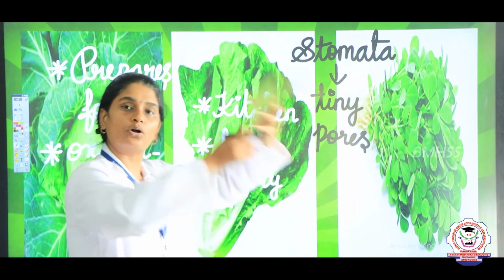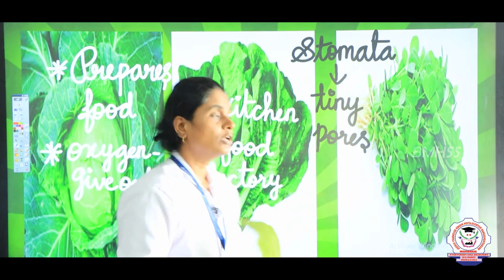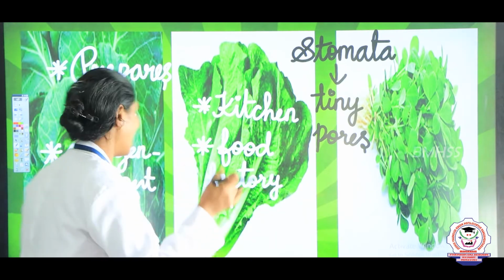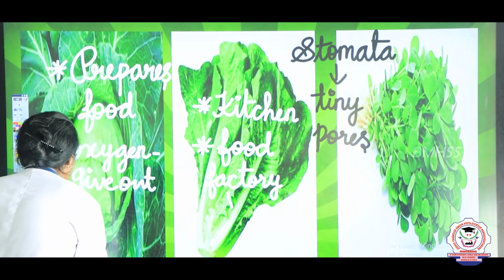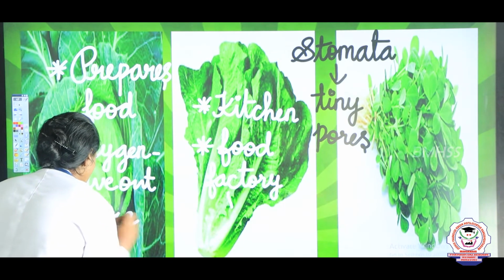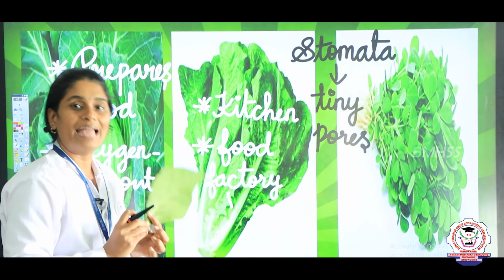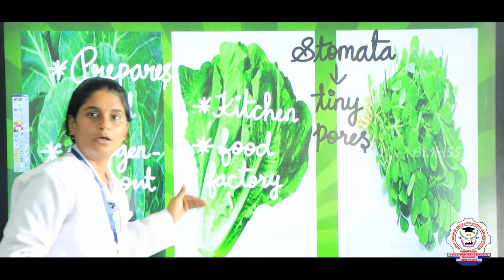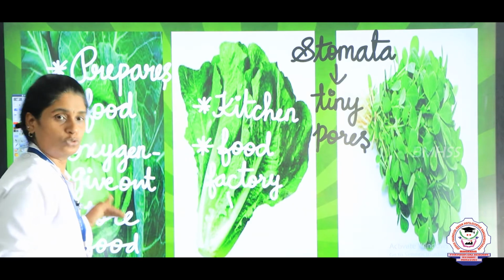They take in the carbon dioxide from the air and give out the oxygen, and some plants also store the food in the leaf. So, these are the functions of the leaf: it prepares food, it gives out oxygen and it stores food.